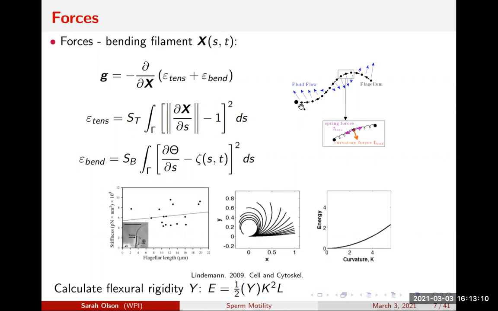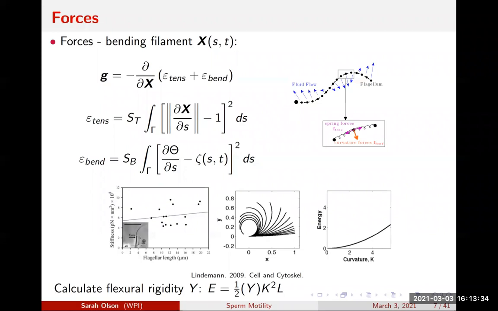So we think about having this filament or center line. It's bending, or it's going to be actuated. We want to think of these swimmers as potentially propagating some type of beat form on average, and we think about deriving some type of force model based on an energy argument.